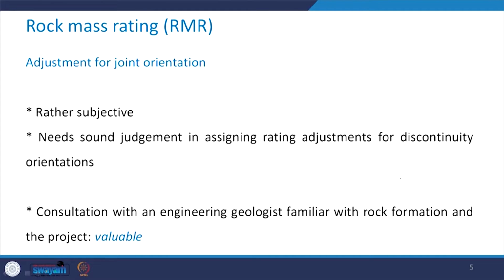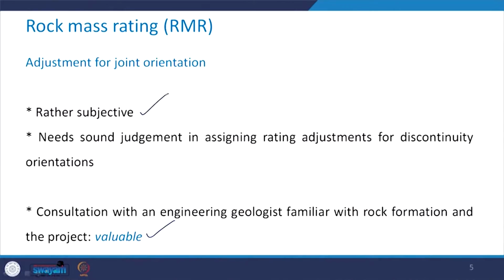Therefore, this joint orientation adjustment needs sound judgment in assigning the rating for the discontinuity orientation, and this should be done in consultation with an engineering geologist who is familiar with the rock formation and the project. His advice would be really valuable in such cases, because these ratings are quite subjective in nature.